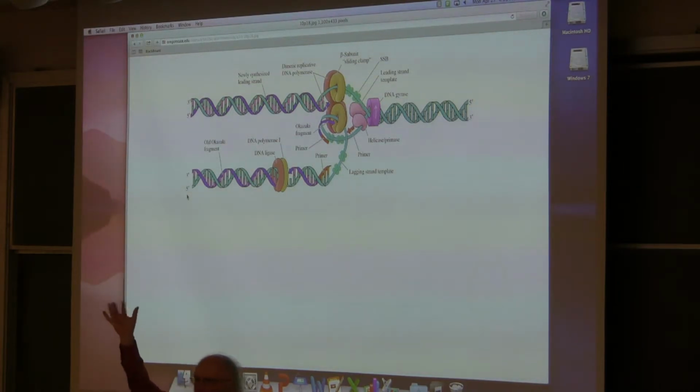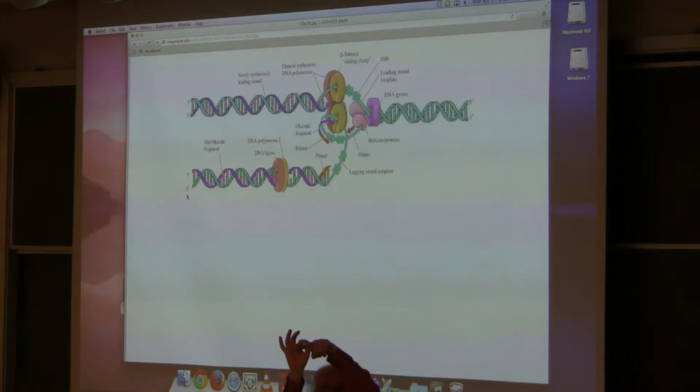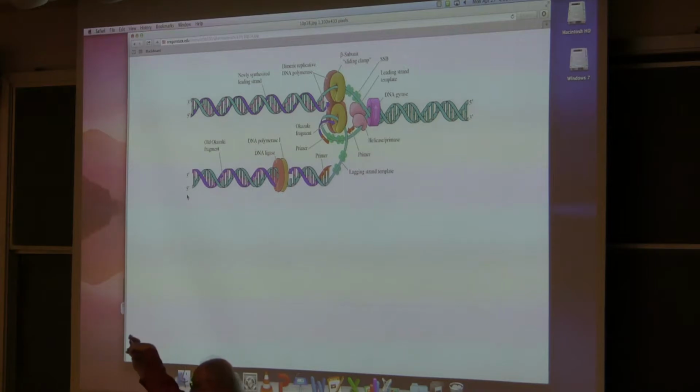Did you see what I did? Imagine that I've got a strand of DNA, and now the beta clamp does this. What's going to happen? It can't fall off. The beta clamp is holding on to the DNA so that polymerase 3 does not fall off. It holds polymerase 3 at the replication fork.